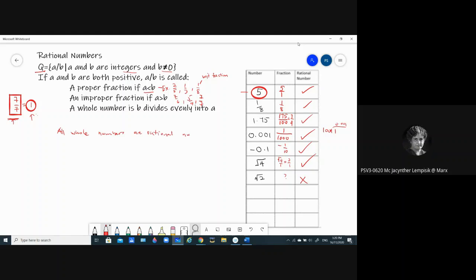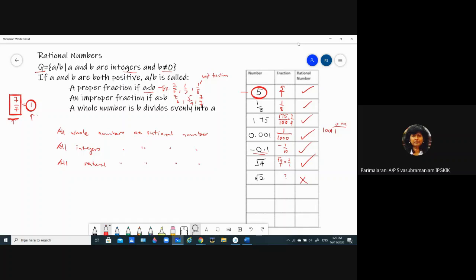Yes. What other generalizations can we make from here? We can also say that all integers are rational numbers. All natural numbers are rational numbers.